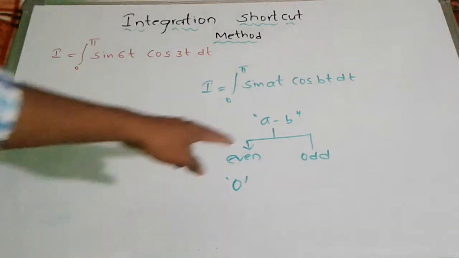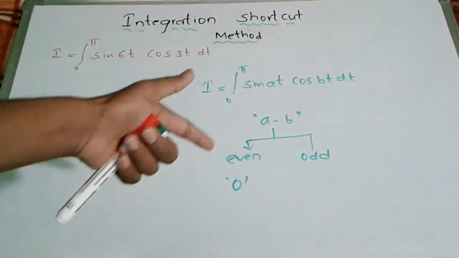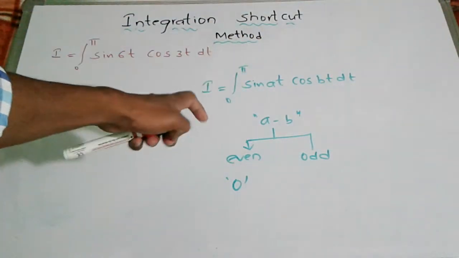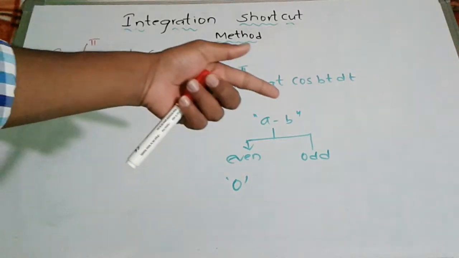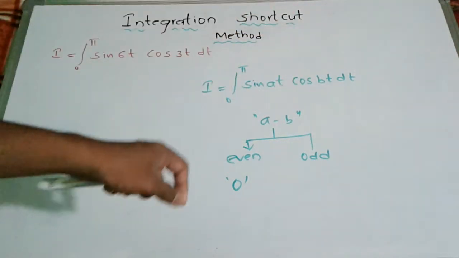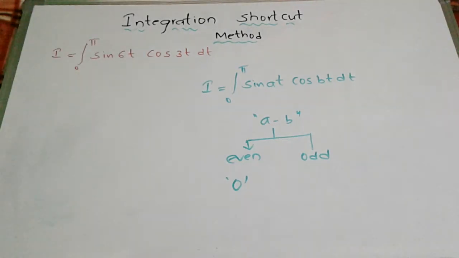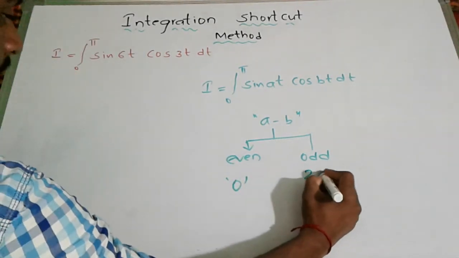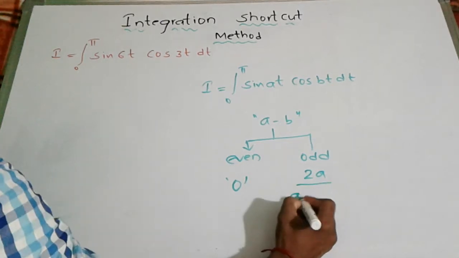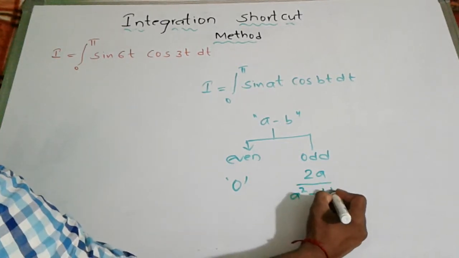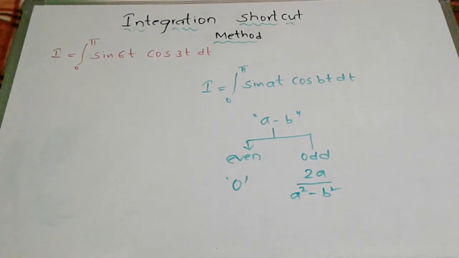And coming to the odd case, if a minus b is odd, then the total value of this integral becomes 2a upon a square minus b square, right?